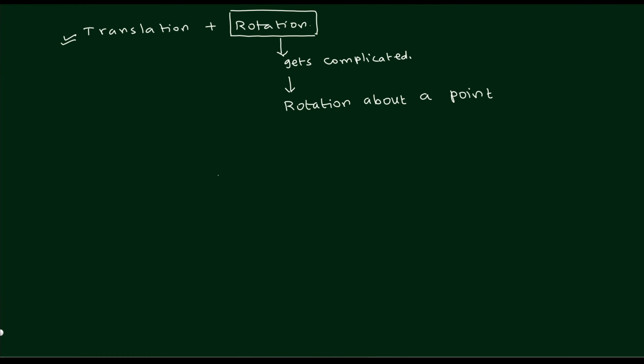So for that purpose, let me draw a diagram. You understand what I say? Rotation is about a point. Rotation requires an axis of rotation. So if I draw a diagram, you can understand better. Of course, this is a particular toy, the top.